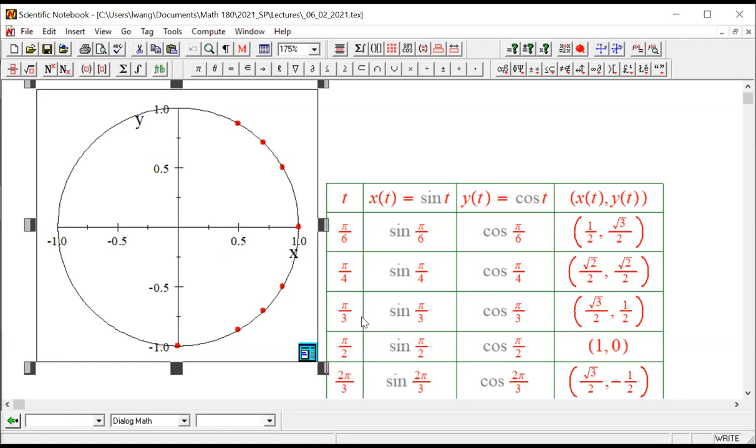Okay, connect all the dots. And then to complete our job, we already marked the points. You just have to put these arrows in place. Clockwise. You keep going, you're gonna get the other half.